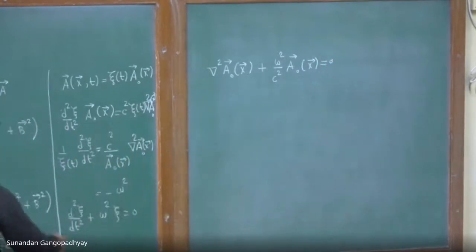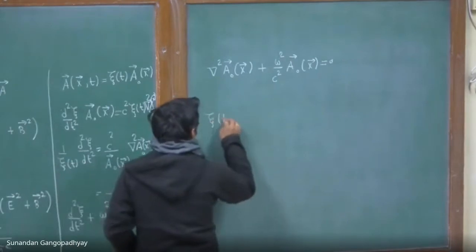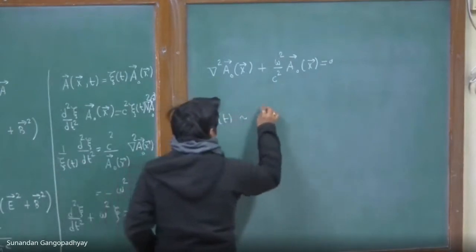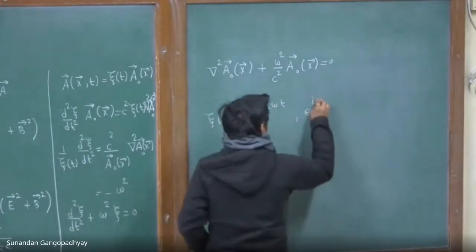So we have two ordinary differential equations which arise from this partial differential equation, and if you solve this, what you will get is ψ(t) will be e to the power of minus iωt, and e to the power of plus iωt.